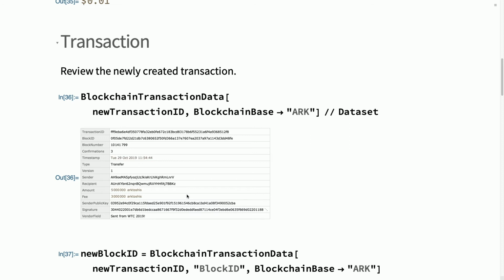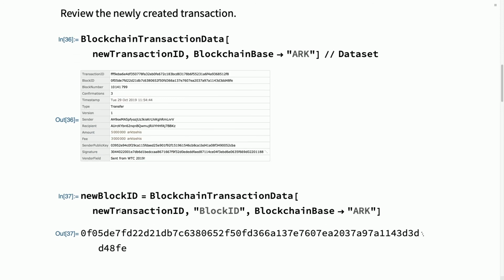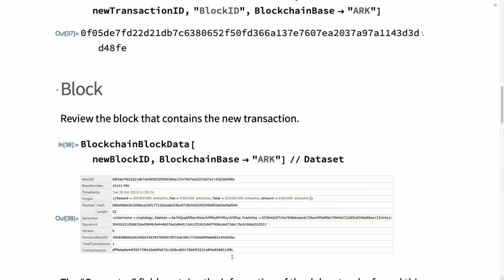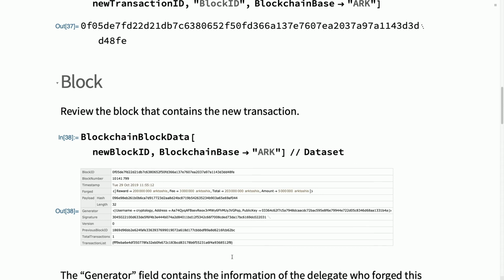Something else that we can do here is check on the block ID. So this is the block where this transaction is contained in the blockchain. So we can use blockchain block data now with that ID to look at our block, right? So here we have a lot of information about the block.